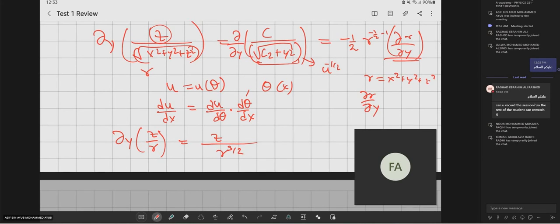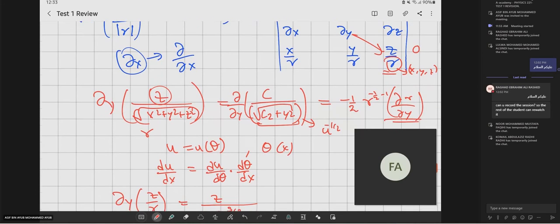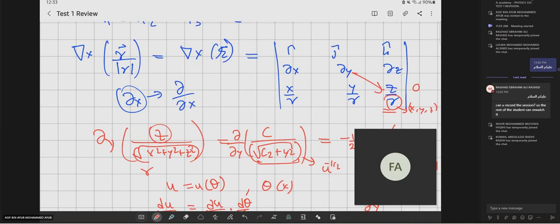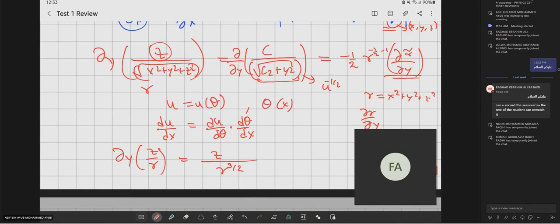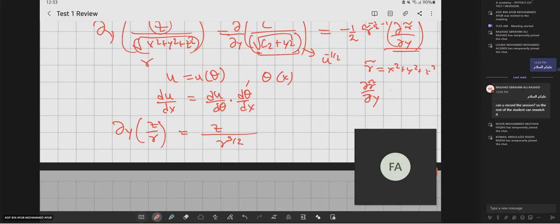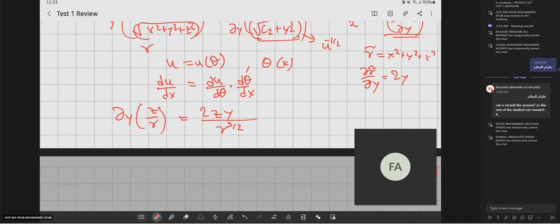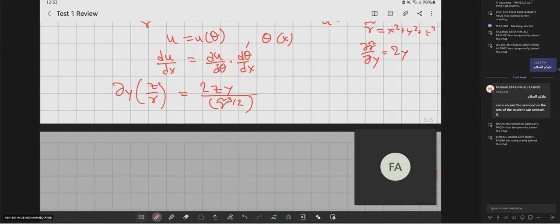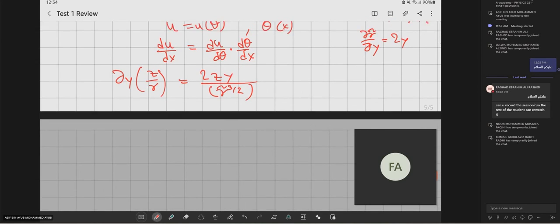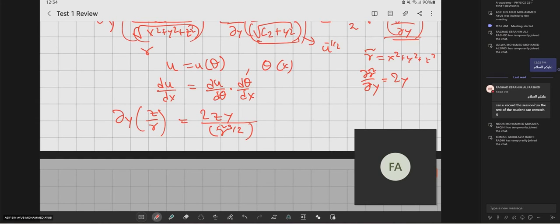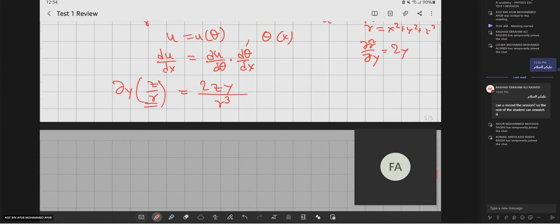I should have called this something different because r is defined as square root of this. So let's take this r tilde. Partial r tilde partial y is simply 2y. So I'll have 2zy over r tilde raised to 3 halves. You know what? I can just write it with respect to this r itself. So I'll have r raised to 3 in that case.